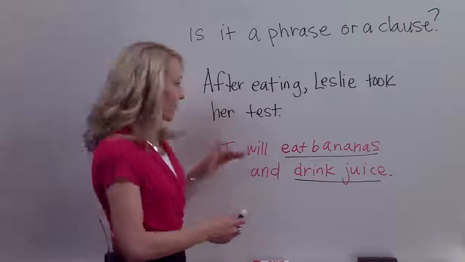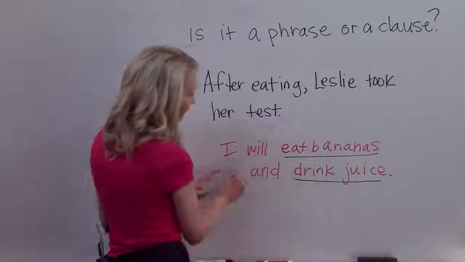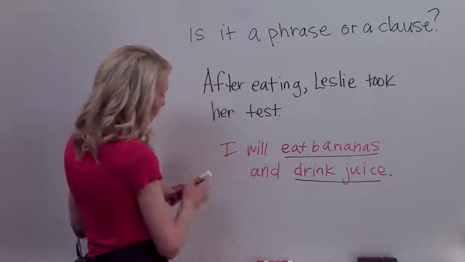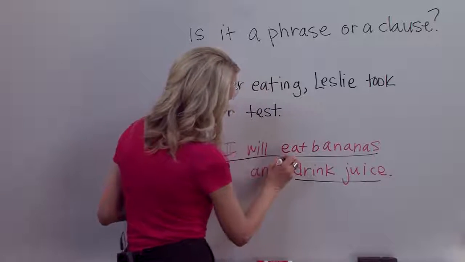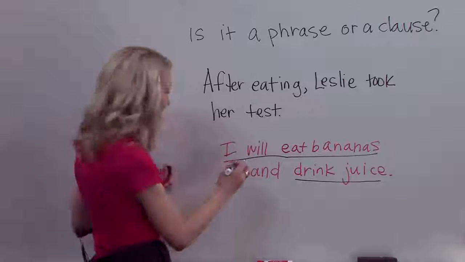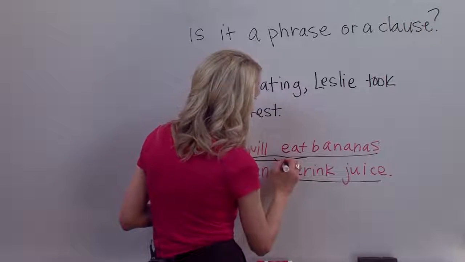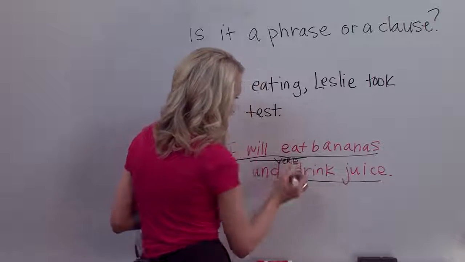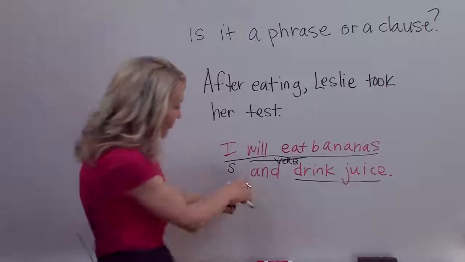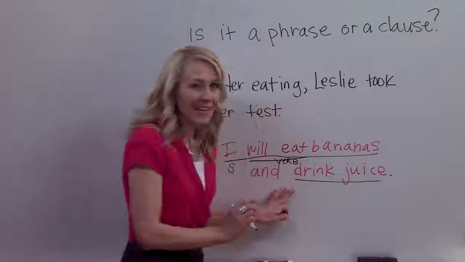So let's relook at this sentence. And this first part of my sentence is actually a clause because I have my subject and my verb. And after the fanboy, drink juice is a phrase.